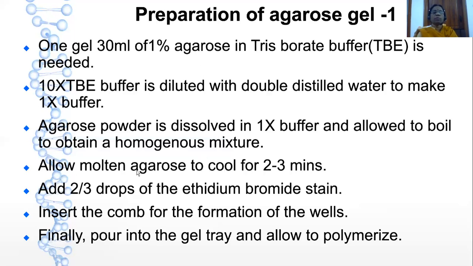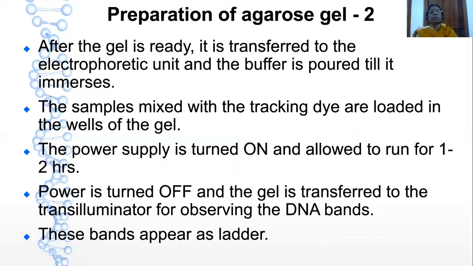So we allow this molten agarose to cool for a couple of minutes, then add 2 to 3 drops of ethidium bromide stain and cast it in the tray. Once cast, allow it to polymerize. Prior to polymerization, gently insert the comb so that it facilitates the formation of the wells.